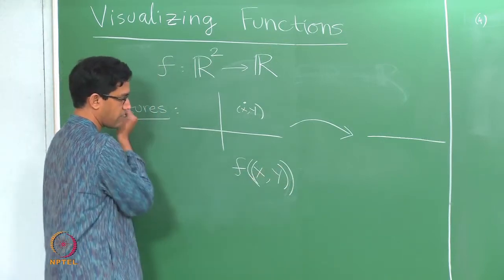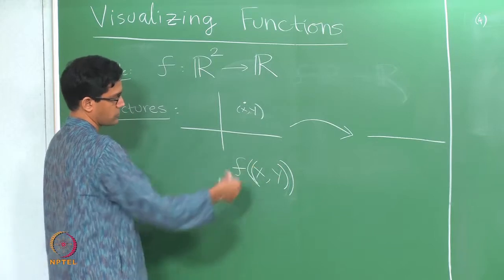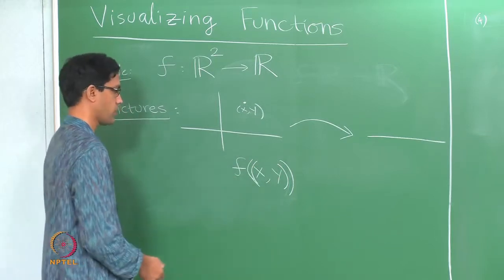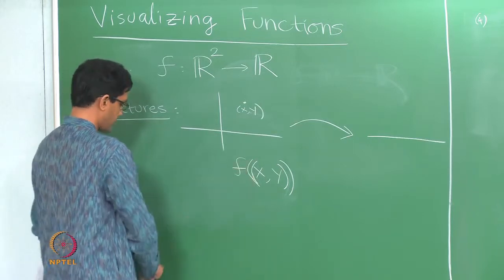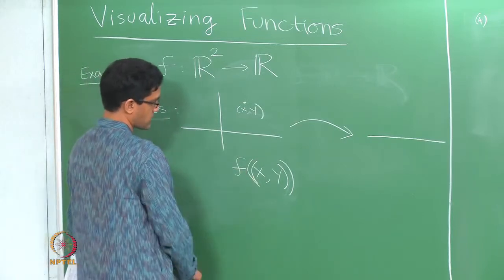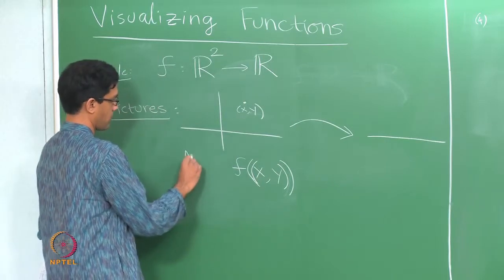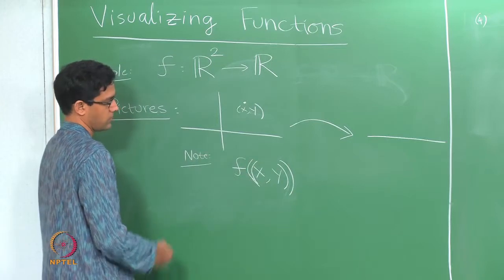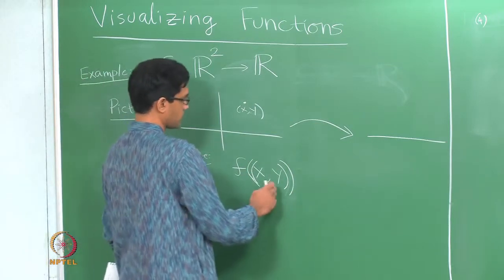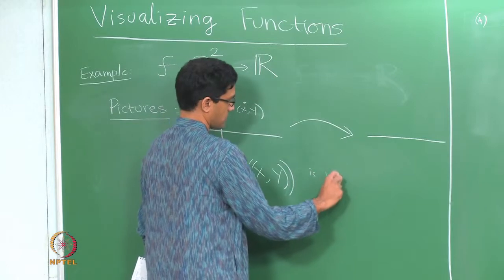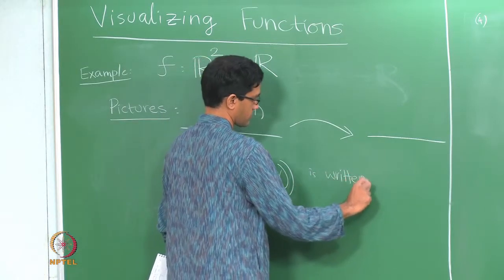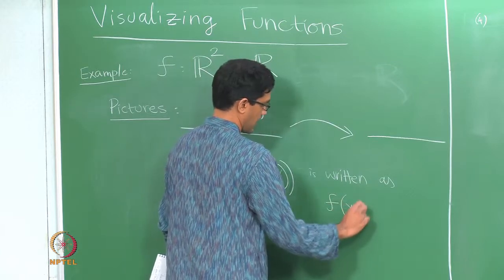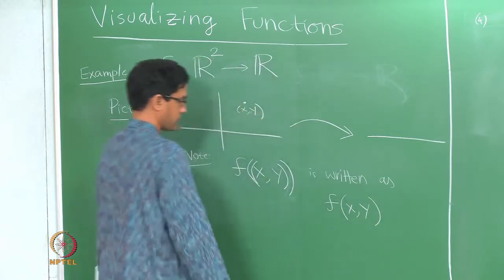So the real number I get when I act the function on the point is this. This is probably how you should denote it if you want it to be absolutely proper, but there are too many brackets here, and we often just write this as a function acting on the pair x comma y.